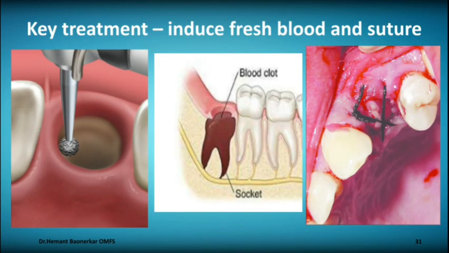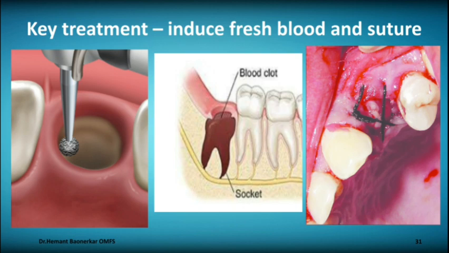Again, at the end, I am summarizing today's session by telling you the key treatment for dry socket is induction of a fresh blood clot and suturing. It will help the patient reduce pain faster, and the non-healing extraction site heal faster.